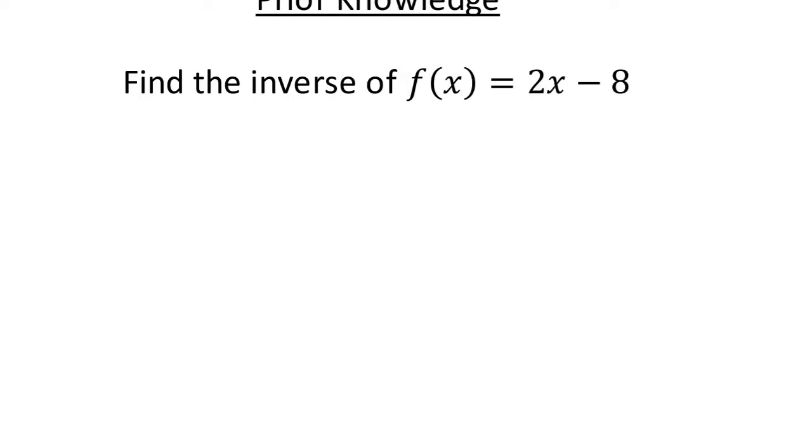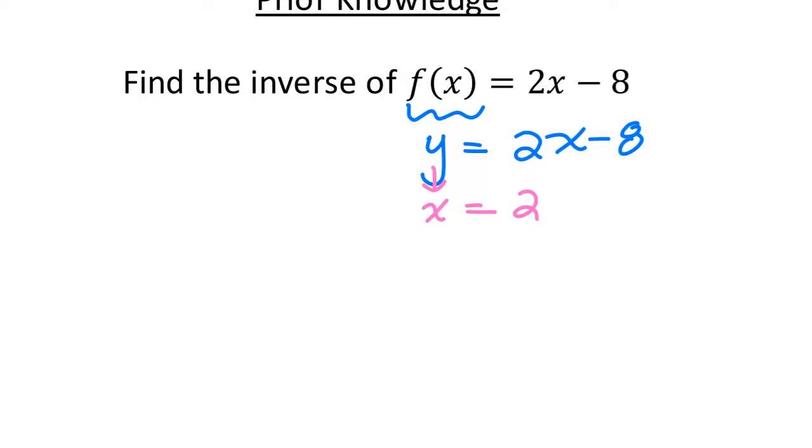If you remember, our first step is to change f of x to y. And then our x and our y switch places. So y becomes x, and the x becomes a y. And then from here, you start solving. Remember, we're doing PEMDAS in reverse.